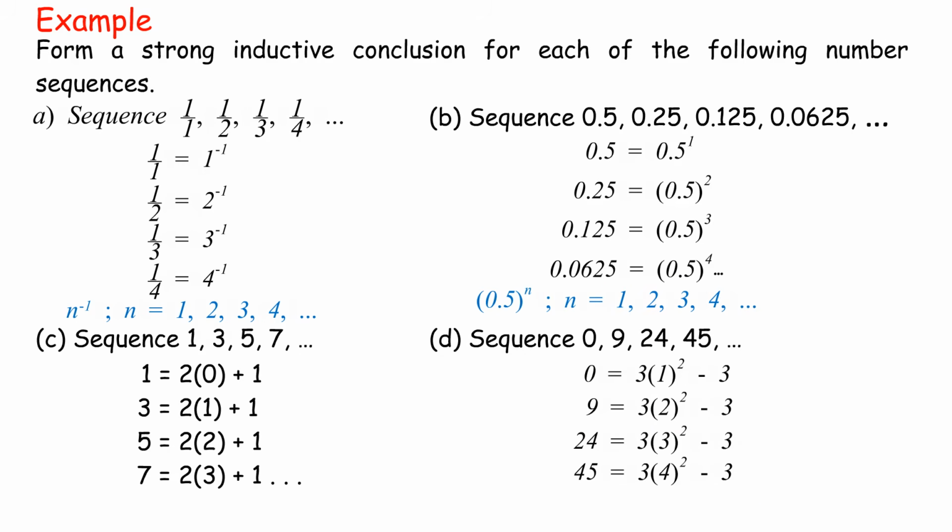B. 0.5 to the power of n, where n equals 1, 2, 3, 4, and so on. C. 2n plus 1, where n equals 0, 1, 2, 3, and so on. D. 3n to the power of 2 minus 3, where n equals 1, 2, 3, 4, and so on.